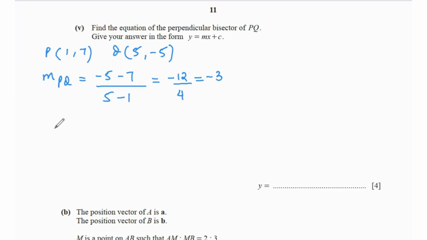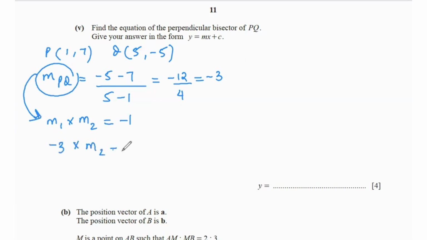When two lines are perpendicular, the product of the gradients equals -1. So M1 times M2 equals -1. Let's say this is our M1. So -3 times M2 equals -1. M2 is going to be -1 over -3, which is 1 over 3.